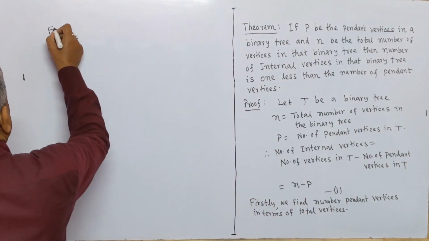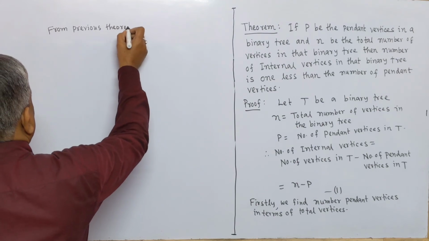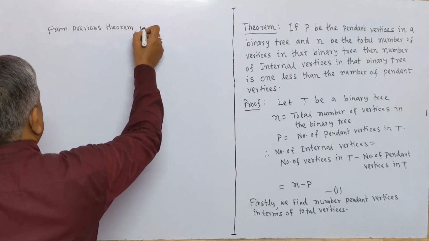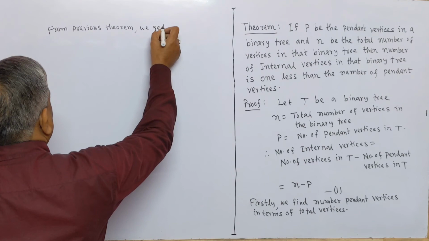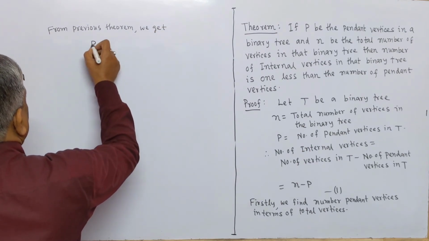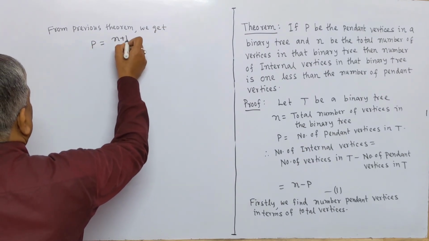From the previous theorem, we get P equal to n plus 1 by 2.